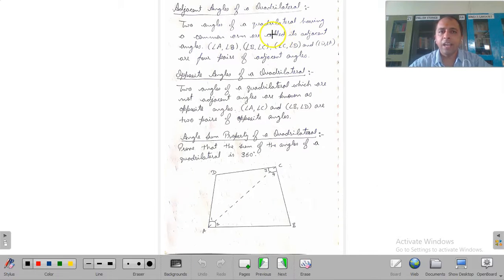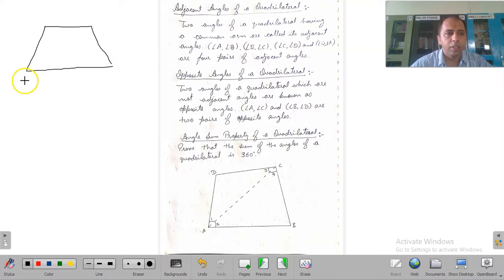Now adjacent angles of a quadrilateral. Let's draw a quadrilateral again here. So A, B, C and D. Now what do we mean by adjacent angles? Two angles of a quadrilateral having a common arm are called its adjacent angles.